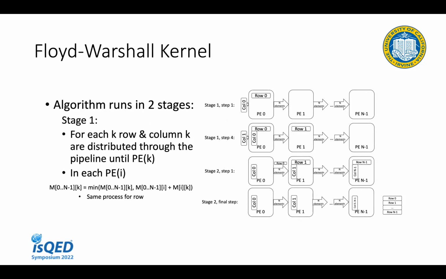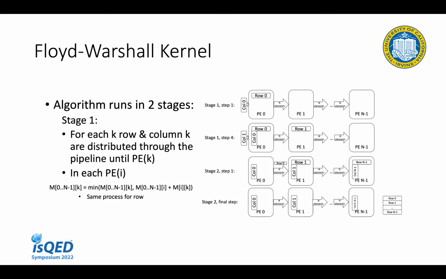Depending on the Floyd-Warshall input size, which needs to be determined beforehand, we define an appropriate number of processing elements, which coincides with the number of rows or columns in our computation.